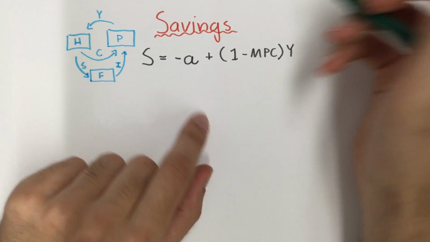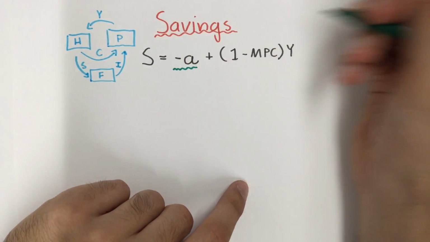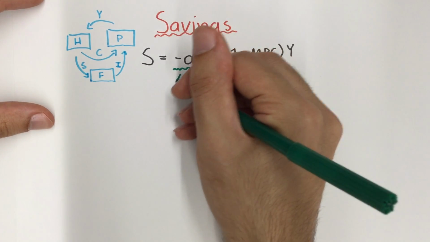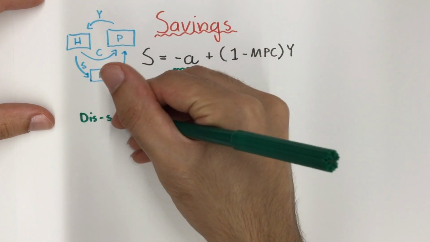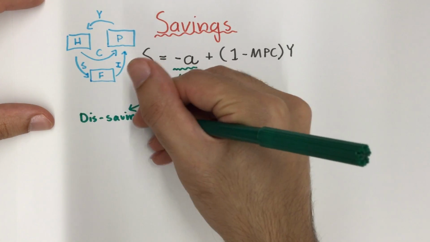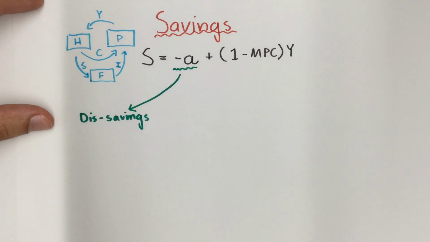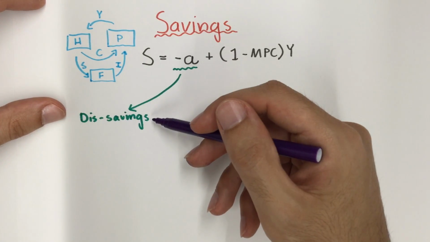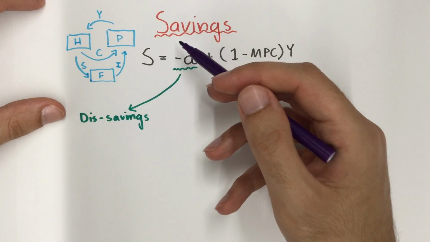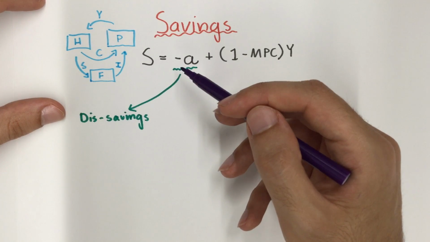So the savings function starts with this negative a value, and this negative a value is referring to dissavings. Dissavings actually refers quite directly to autonomous expenditure. This idea that to survive, you have to spend money even when your income is zero.